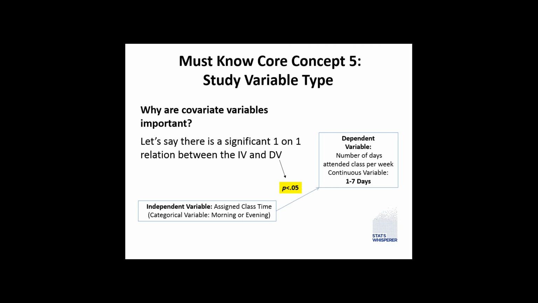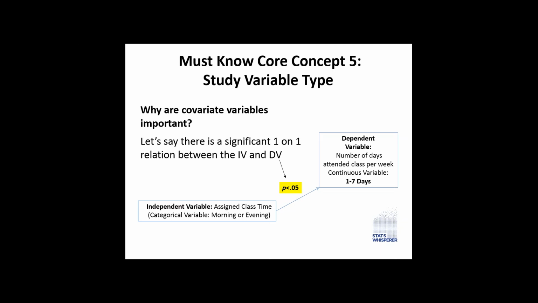So why are covariate variables so important? Consider this. Suppose we relate being assigned a morning or evening class, the independent variable on the left, to the number of days you attend class, the dependent variable. And we find that it's significant, which is generally notated by probability less than 0.05.